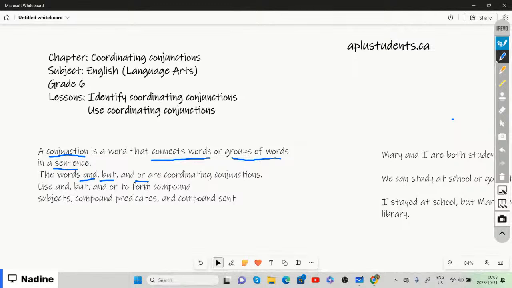We also have so, but for now we're just going to stop at and, but, or. These are coordinating conjunctions, and we use and, but, and or to form compound subjects, compound predicates, and compound sentences.